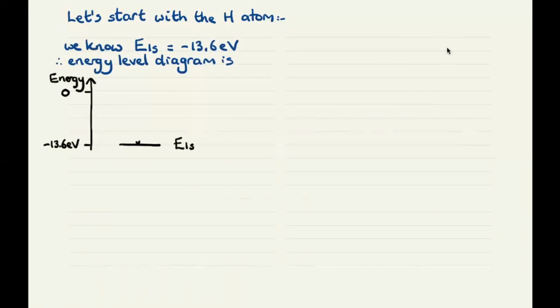And our single electron sits in that energy level. We can turn this around and say the ionization energy, the energy it takes to pull an electron out of a hydrogen atom, which we usually call I, then is plus 13.6 electron volts. We have to put 13.6 electron volts of energy in in order to remove the electron from the hydrogen atom.